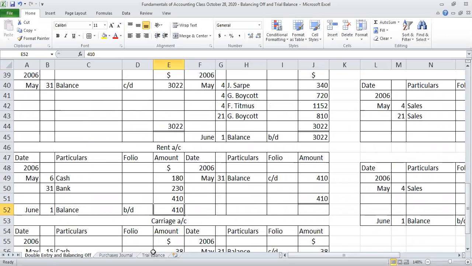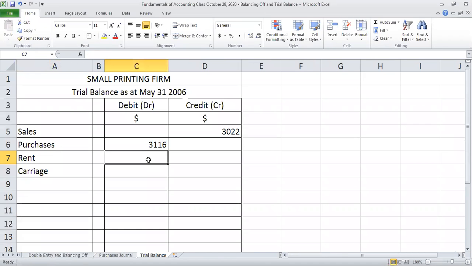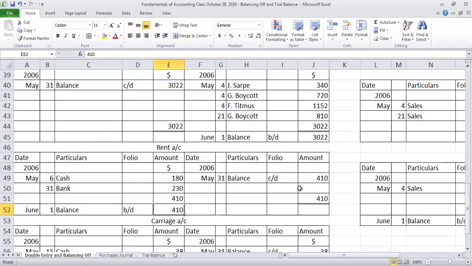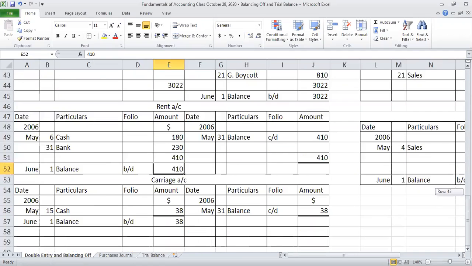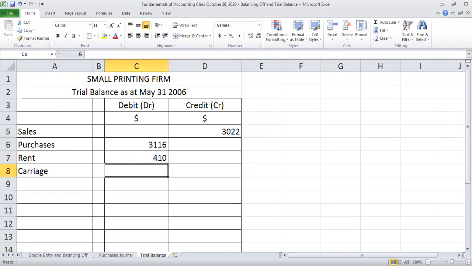So you put 410 on the debit side in the trial balance for rent. Look at carriage now. Carriage has a debit balance of 38. So you're going to put 38 on the debit side in the trial balance.